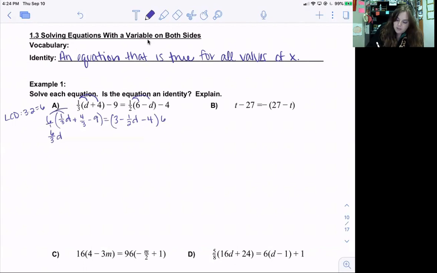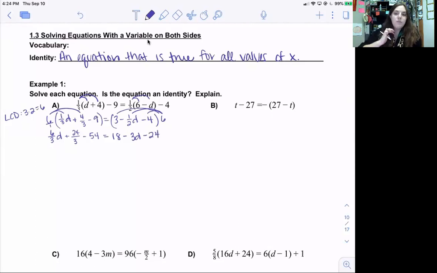Just keep distributing. We have 6 times 4, which is 24, over 1 times 3, which is 3. And 6 times 9 is negative 54, which equals, okay, distribute again. We have 3 times 6 is 18, minus, and half times 6 is 3. And negative 4 times 6 is negative 24.